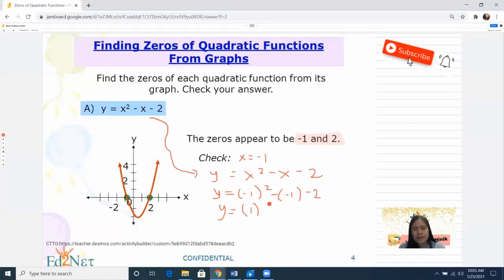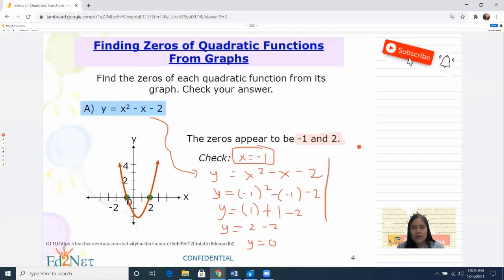Then negative times negative again gives +1, then -2. So y = 1 + 1 - 2, which is 2 - 2, which is 0. Yippee! So we've got the first zero when x is equal to -1. This is the first zero, or root.